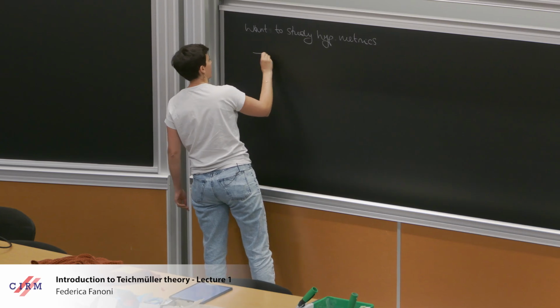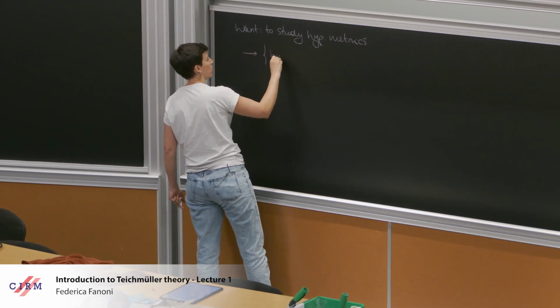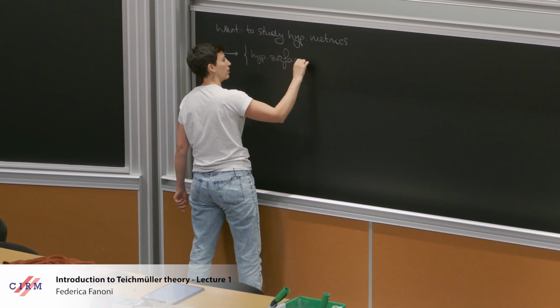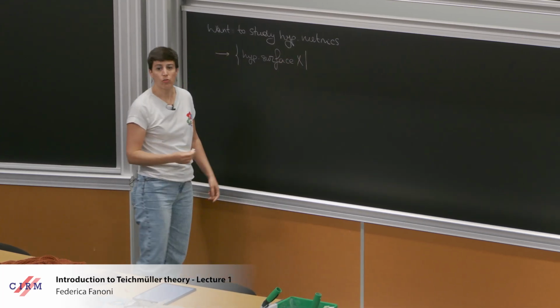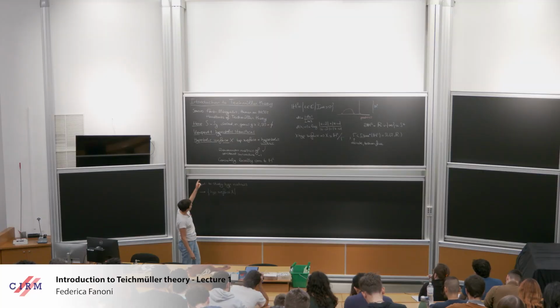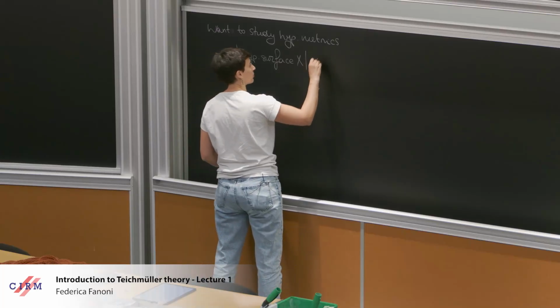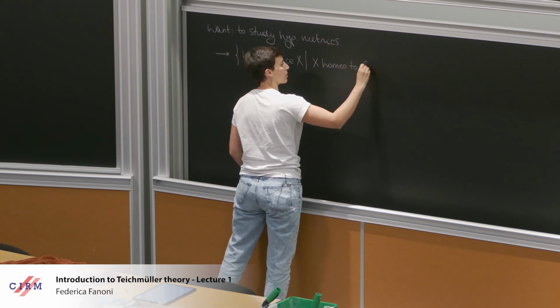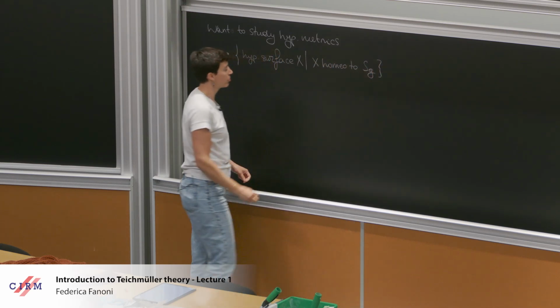is the classical object: we could look at all the hyperbolic surfaces which are of a certain topological type. So they are homeomorphic to a closed genus G surface, for some fixed genus.